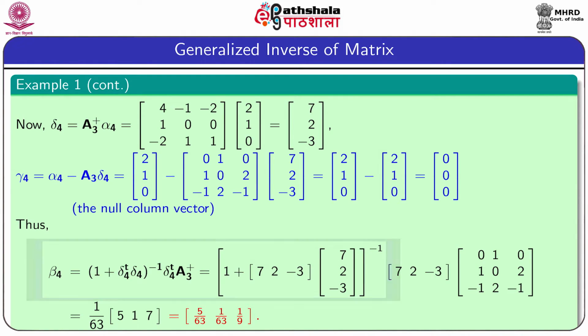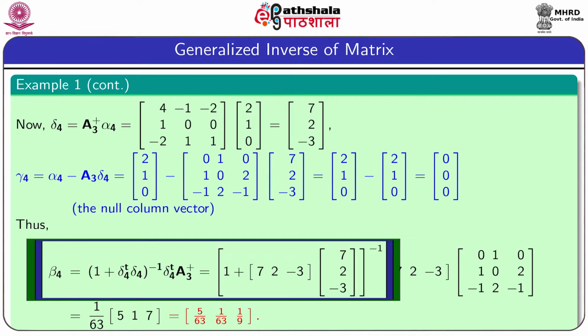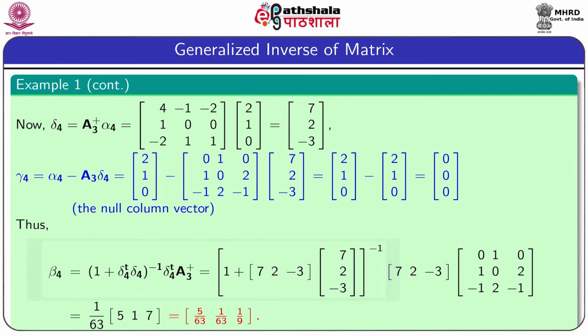Thus, the vector beta 4 is calculated by the formula: inverse of 1 plus delta 4 transpose delta 4, into delta 4 transpose into A3 plus. After simplification it reduces to 1 by 63 into a row vector whose elements are 5, 1, 7, and it is equal to 5 by 63, 1 by 63, 1 by 9.